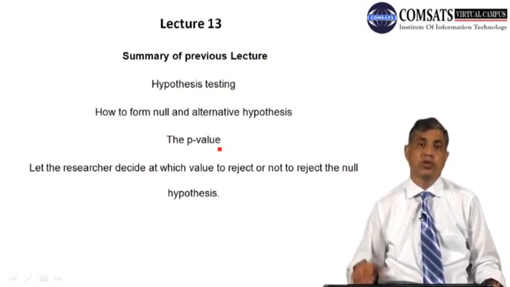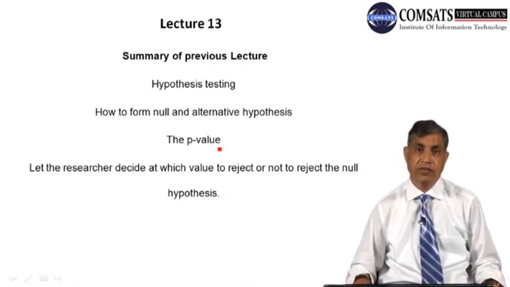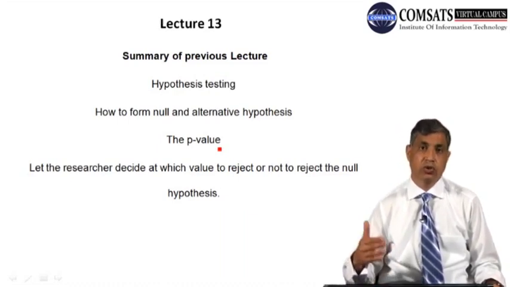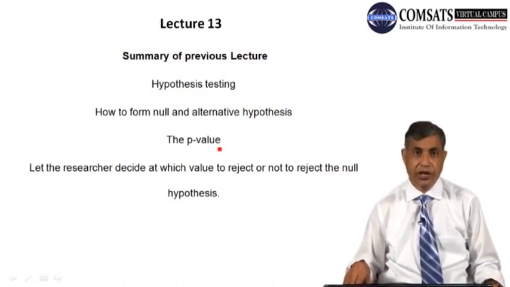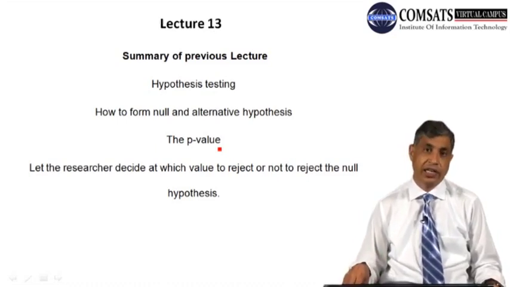After this, we studied two approaches: the confidence interval technique and the test of significance. I need not go into detail, but in the confidence interval technique, we talked about two-tailed and one-tailed tests.